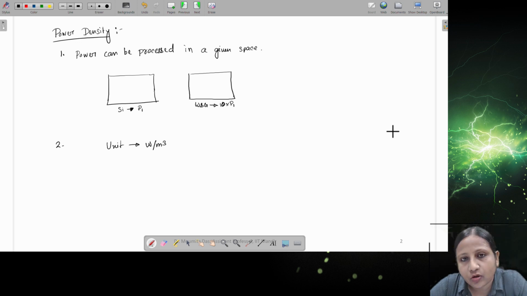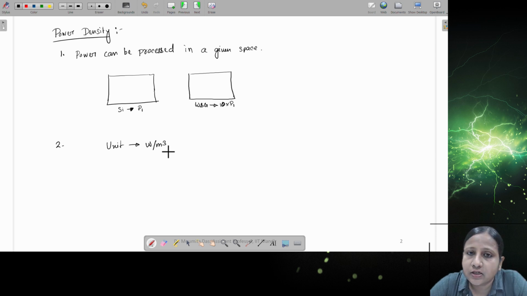This can also be expressed in watt per inch cube or watt per centimeter cube. Whatever inch, meter or centimeter gives the dimension of the particular space, and watt is obviously the unit of power. If it is a high power density system, it may go towards the kilowatt level. So this is known as the power density.